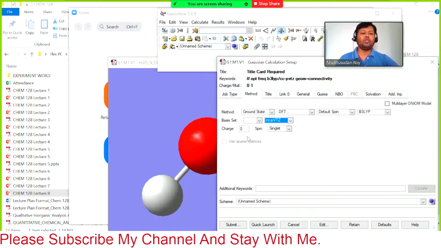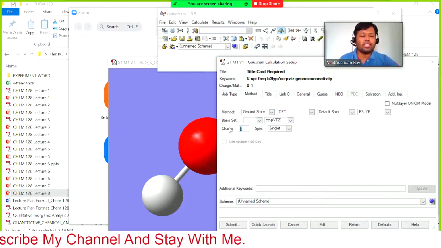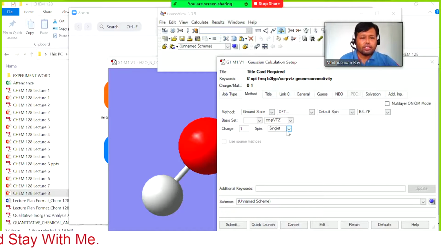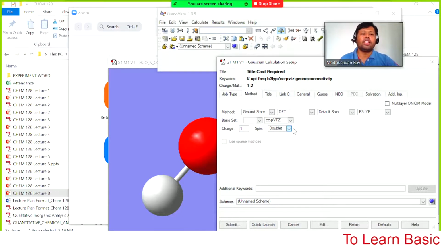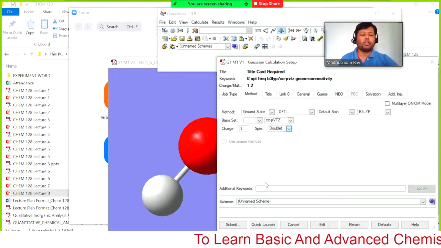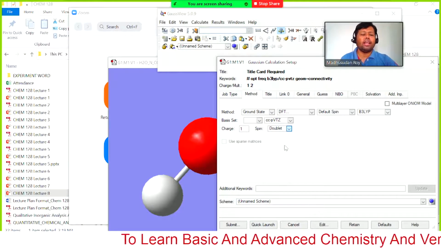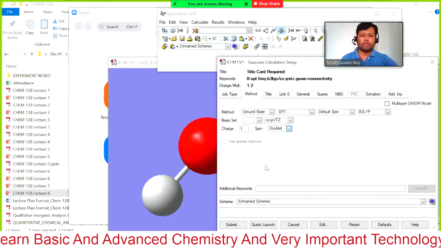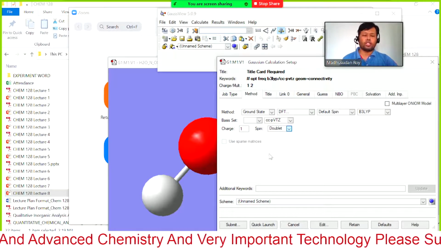Now we will change only one thing: we want to have the charge 1, and that will automatically change to the default doublet. So charge 1 is going to change into doublet. All other things are the same. Previously we did this for neutral water, and now it is only the water ion. So we will give the computer the job to perform once again.